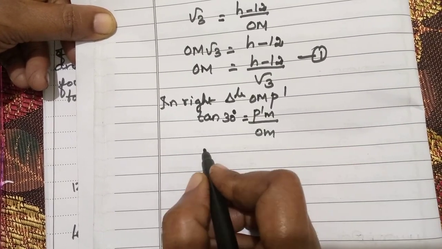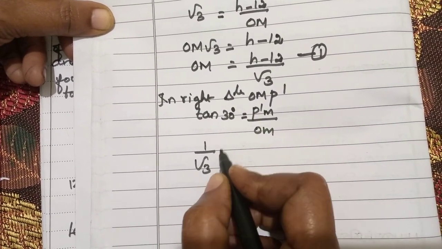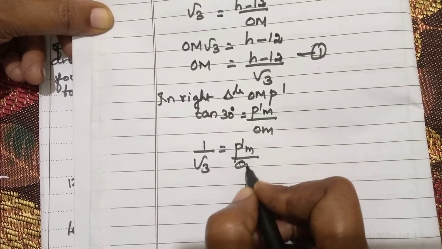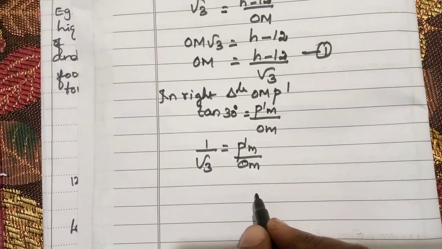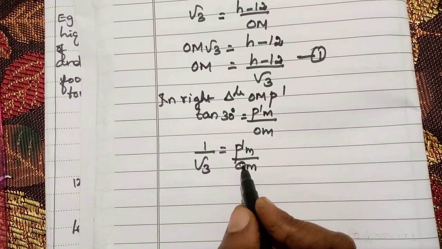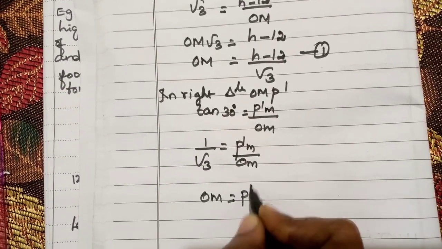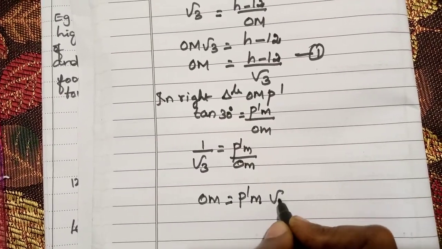Here the tan 30 value is 1 by root 3, equal to P'M by OM. Cross multiply it. We get 1 into OM, OM is equal to P'M into root 3.